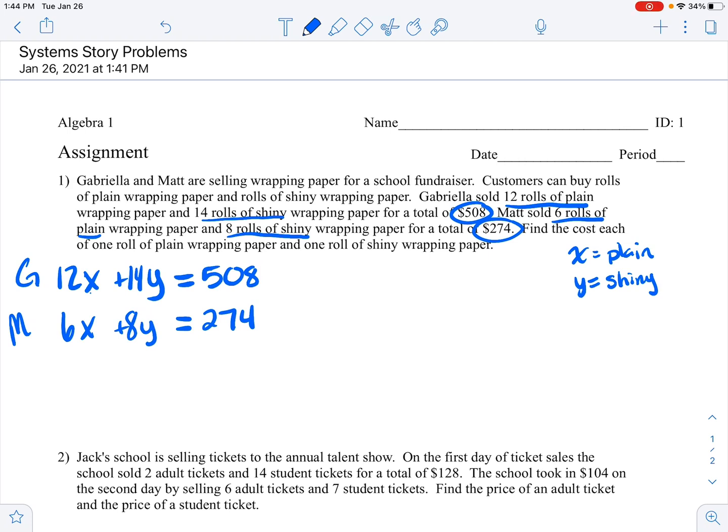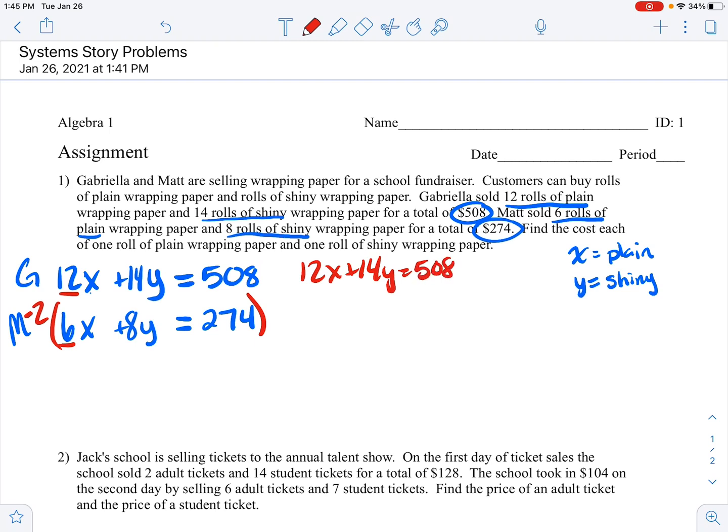Now, x and y aren't solved for. Neither one is alone. So we're going to have to use elimination. I'm going to eliminate my x's in this one, which means I can make this 6 become a 12 by multiplying by 2. And then I need to change its sign, so I'm going to multiply by -2. I'm going to bring this top equation over exactly how it is.